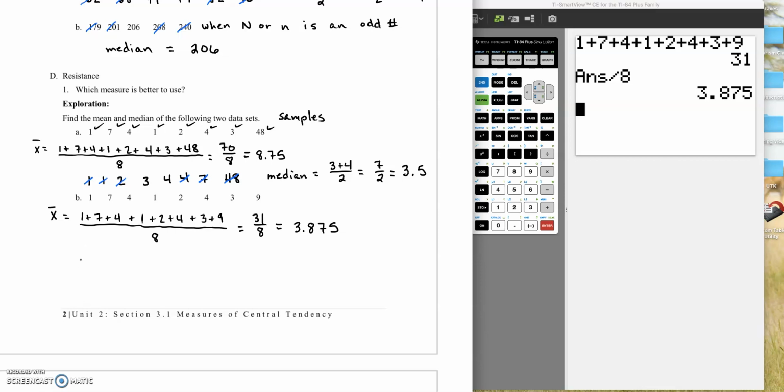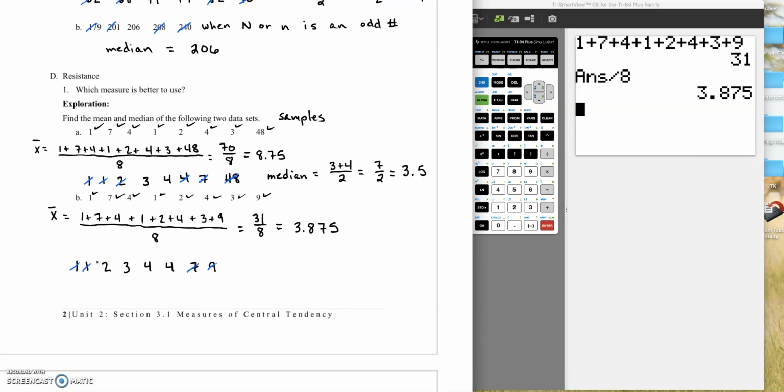Now let's find the median. So arrange them in order again. 1, 1, 2, 3, 4, 4, 7, 9. Now we're going to cross off from each end again. So the 1 and the 9 are gone.